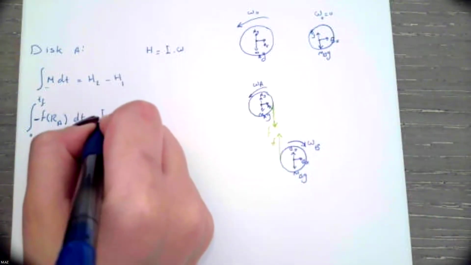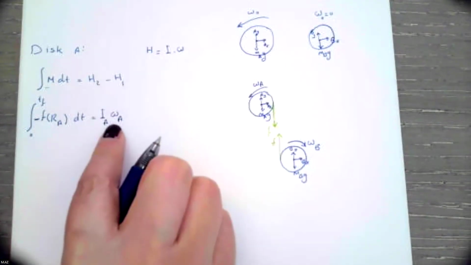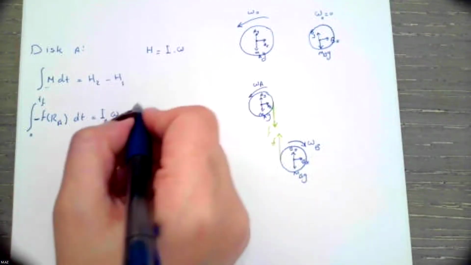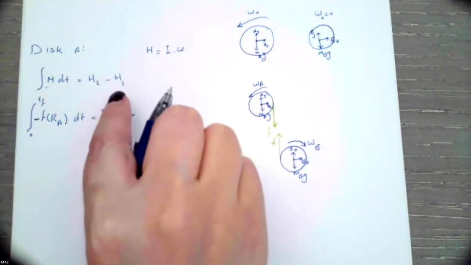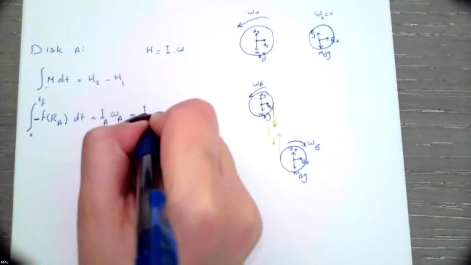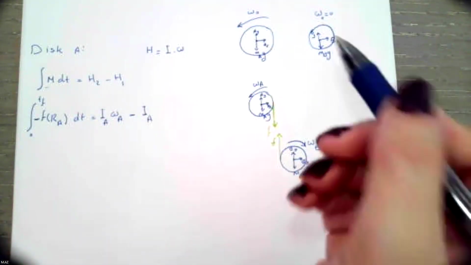We have I_A omega A, and this value is unknown and we have to find it, minus I_A, the moment of inertia of disk A, times the initial angular velocity.